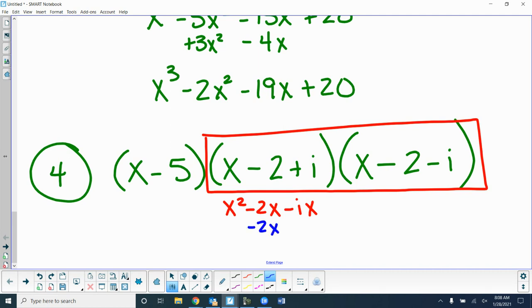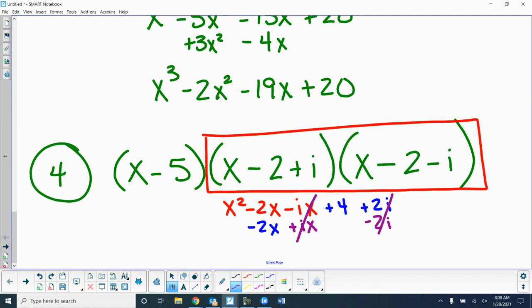Negative 2 times negative 2 is a positive 4. And negative 2 times negative i is a positive 2i. So there's the next 3. And then the last 3 are i times x is positive ix. So those are going to cancel. All right. i times negative 2 is negative 2i. So those cancel.